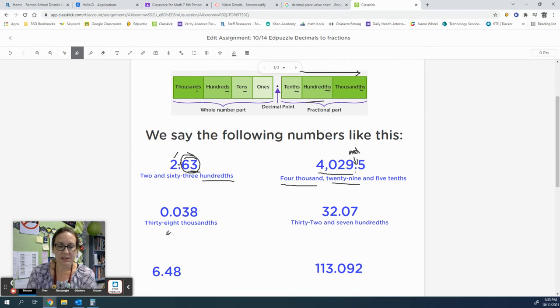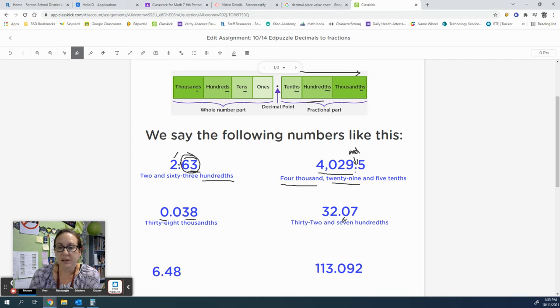Okay, then we've got this one. There's nothing in the ones place, so there's nothing that's greater than a whole. We have nothing in the tenths place, so we've got the 38 here. We say this as 38, but the 8 is in the thousandths place, so we say this as 38 thousandths.